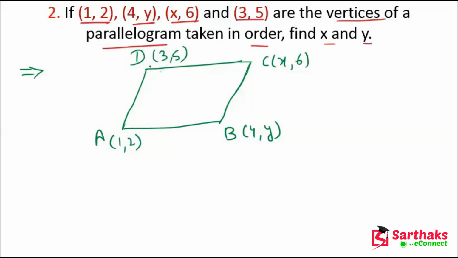If you are taking point A from this side, then you can take A, B, C, D. I hope you get this point. So now let's go on. Since the diagonals of a parallelogram bisect each other, we know that the diagonals of a parallelogram bisect each other at point O.